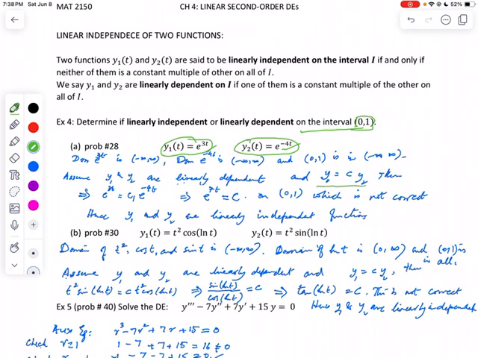Now we assume that y1 is equal to c times y2, which means e to the 3t equals c times e to the minus 4t, and so e to the 7t is equal to c, because you can divide by e to the negative 4t on both sides and you get e to the 7t.